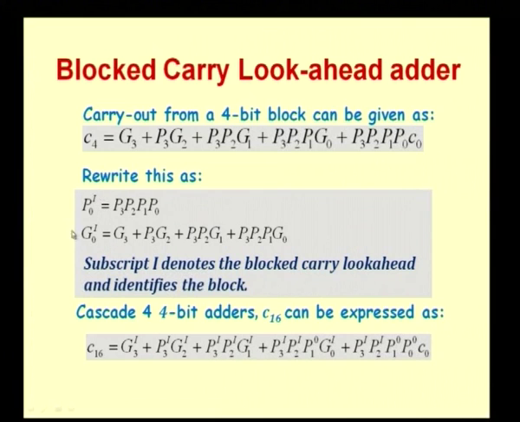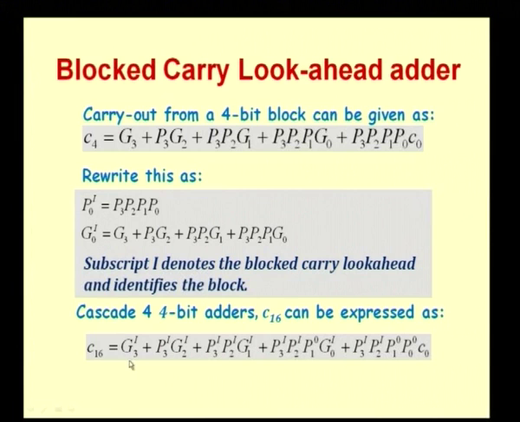So, looking at it as a digit or as a block, I can now extend this to say that if I want to generate up to a 16-bit adder, it can be done using four 4-bit adders by cascading them. In which case, what will my C16 look like? It will be the concatenation of these big blocks, the big P's and G's.